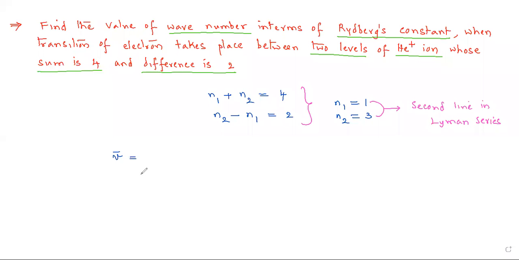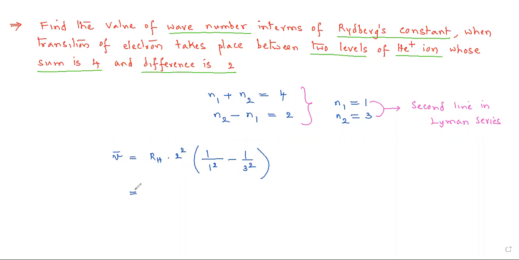Nu bar is equal to RH into Z square into 1 by N1 square minus 1 by N2 square.